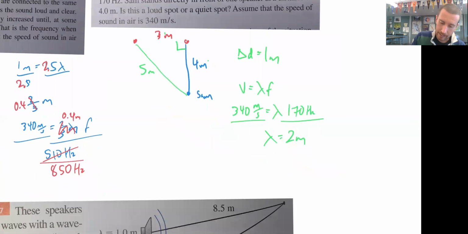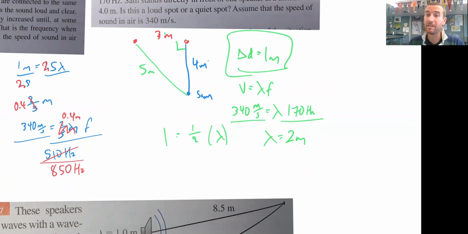And my distance is 1 meter. 1 is 1/2 of the wavelength. And half of the wavelength means it's going to be a purely destructive interference space. So that will be a quiet spot. Okay. So that is not a good place to stand for those two speakers because you'll get destructive interference because it's half a wavelength off from each other. All right.